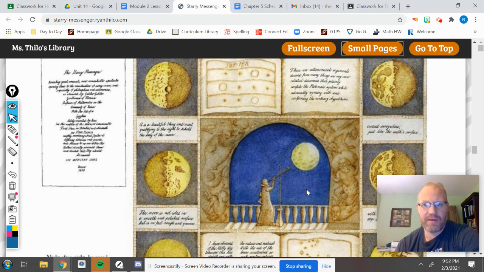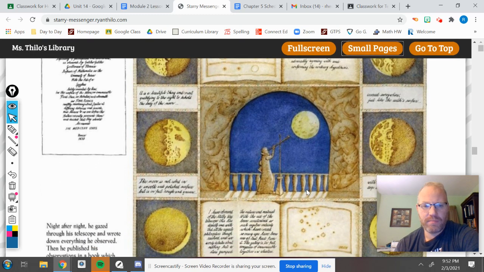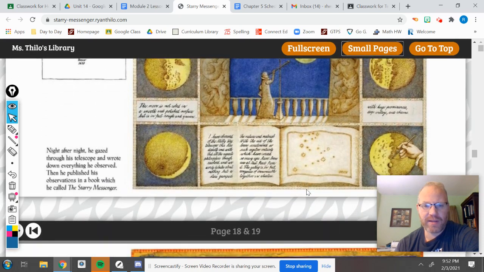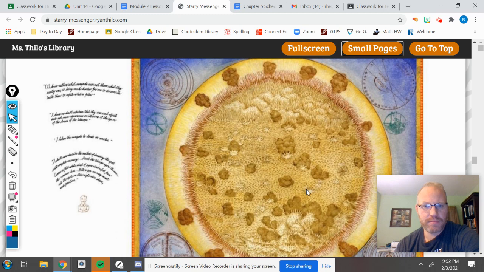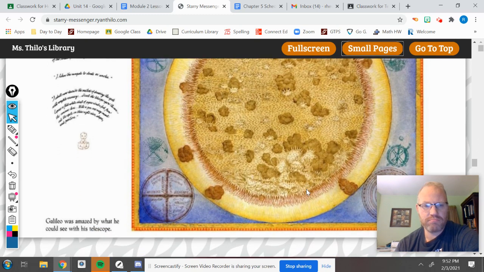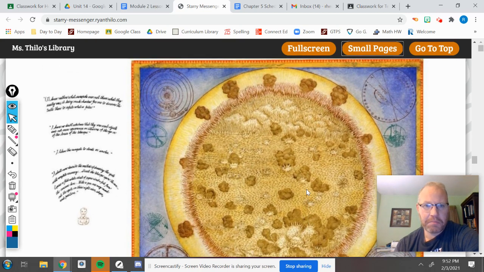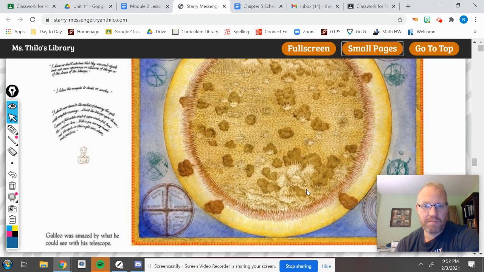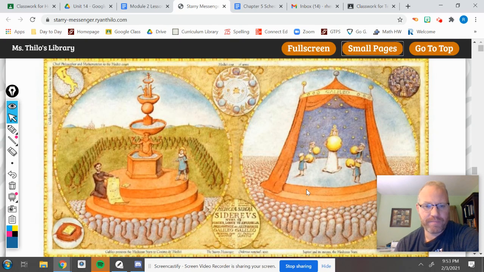Here's a picture of what looks to me like the moon and Galileo looking out at the moon. I'm wondering what he saw here. So I wonder what that was.